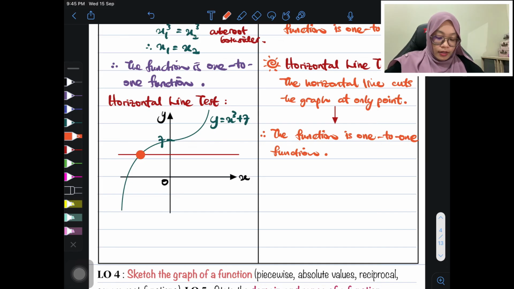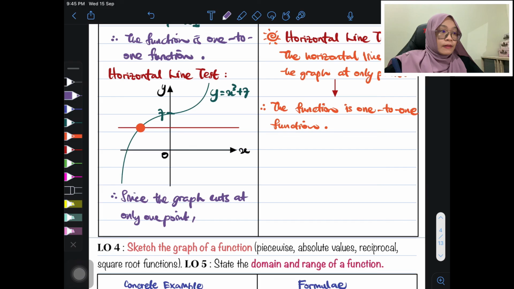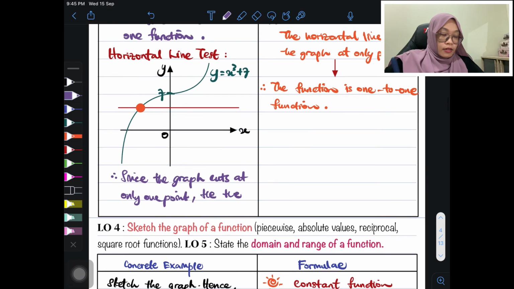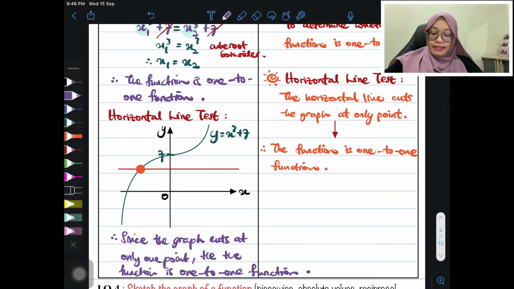When you have done that, you just put the conclusion: since the graph cuts only once, or the graph cuts at only 1 point, or cuts only once. Therefore, the function is a 1-to-1 function. That's all. As easy as ABC.